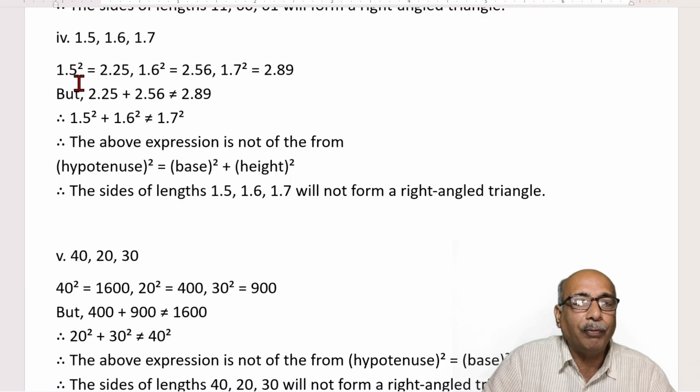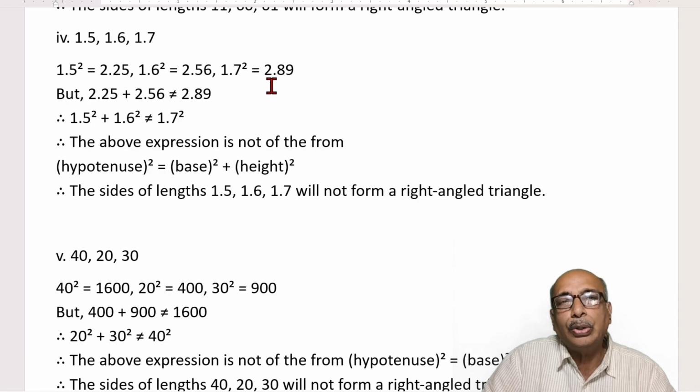Therefore 1.5 square equals 2.25. 16 square is 256. Here the decimal point is after one digit, so in the answer the decimal point goes after two digits from the right hand side. So it will be 2.56. 1.7 square equals 2.89.